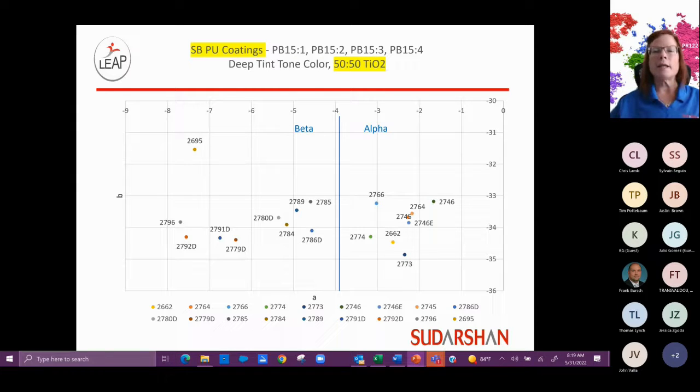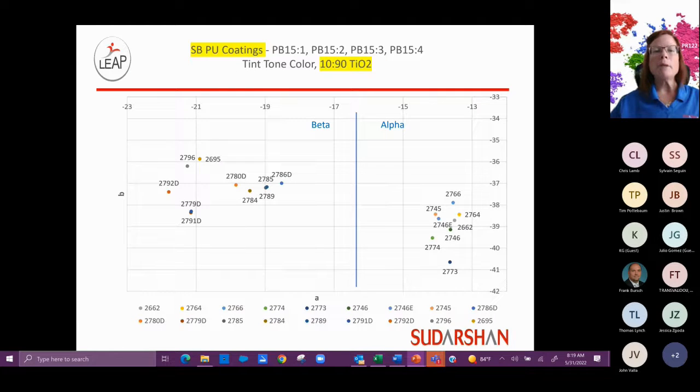So on the right-hand side are the alphas, the red shades, and then the left-hand side, of course, are the betas, the green shades. So there's a wide variety of color that you can get. This graph here shows a difference of about 7 units from the reddest to the greenest.